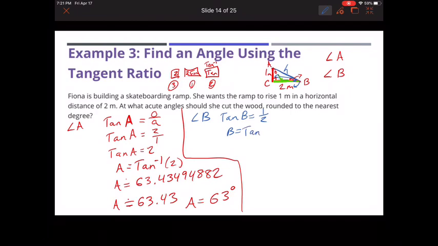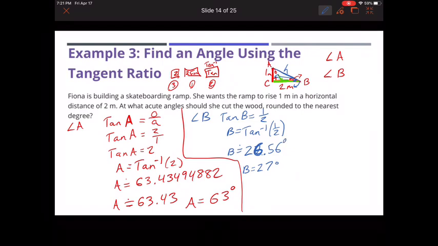B equals the inverse of tan of 1/2. B equals 26.56, approximately that. And then we would round it to 27 because it did ask for the nearest degree, even though we probably wouldn't be rounding it so much in real life.